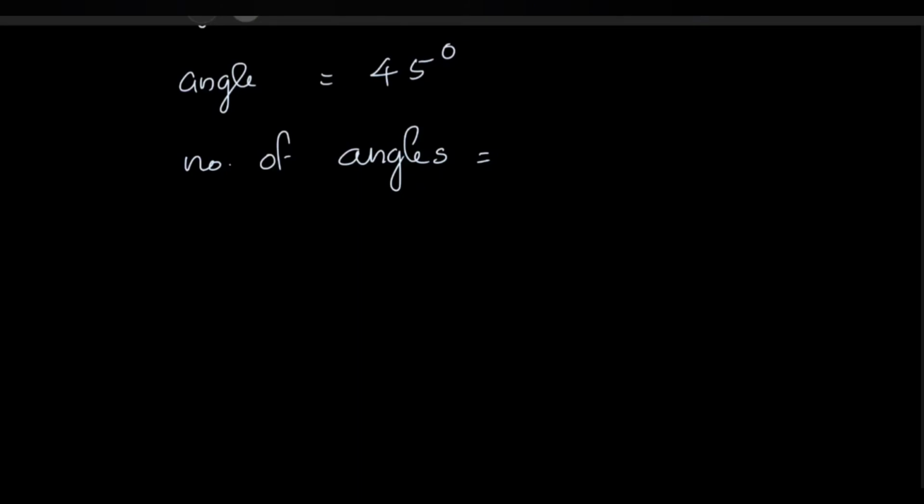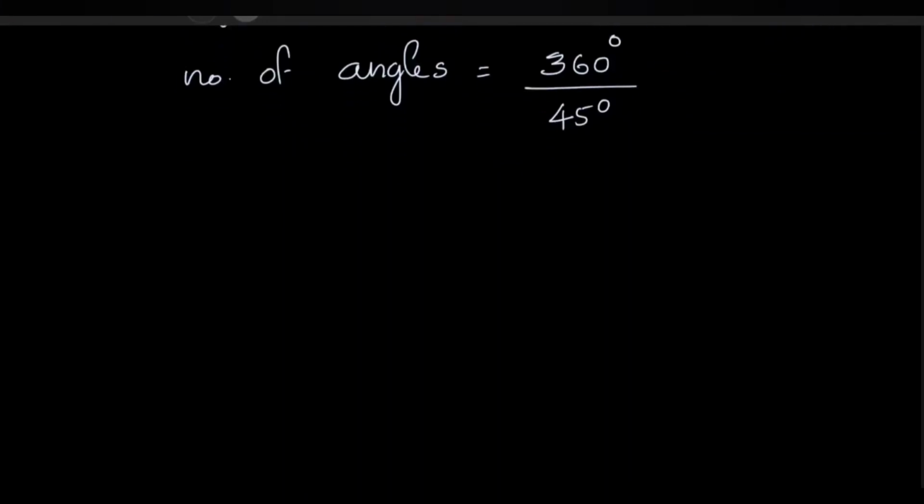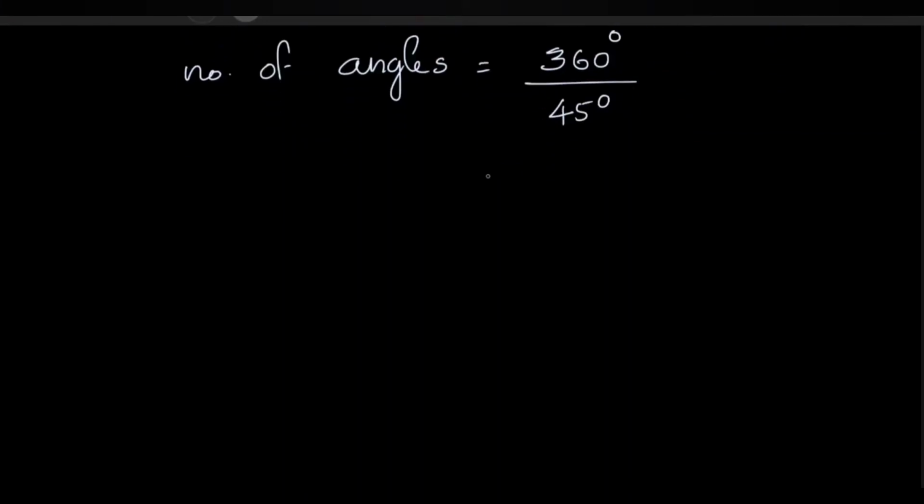That means all sides are equal and all angles are equal. So the number of angles equals the total angle 360 divided by the single angle given. So it is 360 divided by 45, which equals 8.